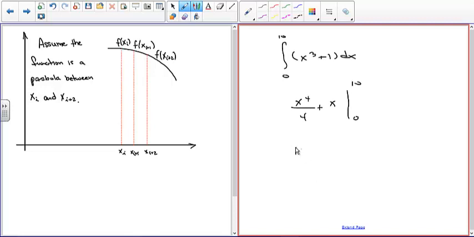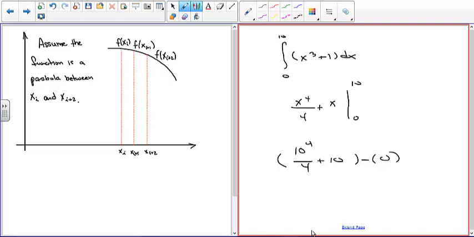So then I evaluate it at the upper limit, and I subtract it at the lower limit, which is 0, and then I get my calculator out, and we'll see what the analytical solution is.